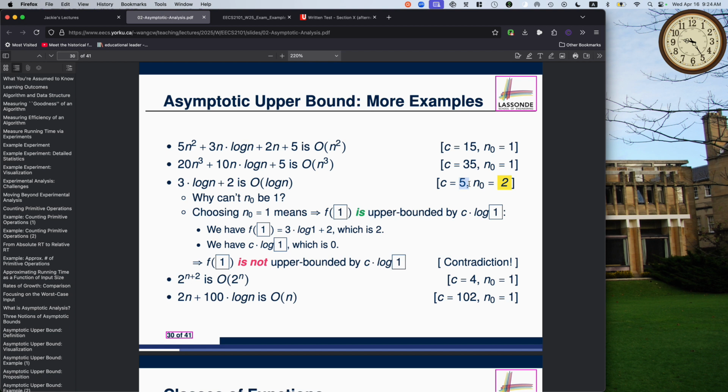Where does 5 come from? You simply add up the multiplicative constants here, 3 and 2. They're both positive, so we just add 3 plus 2 and get 5. However, in this case n0 cannot be 1, because as we argue here, if you start with 1, the upper bound does not really start from n0 equals 1. So you have to try the next n0 value. Try 1; if 1 doesn't work, try 2; if 2 doesn't work, try 3, and so on.